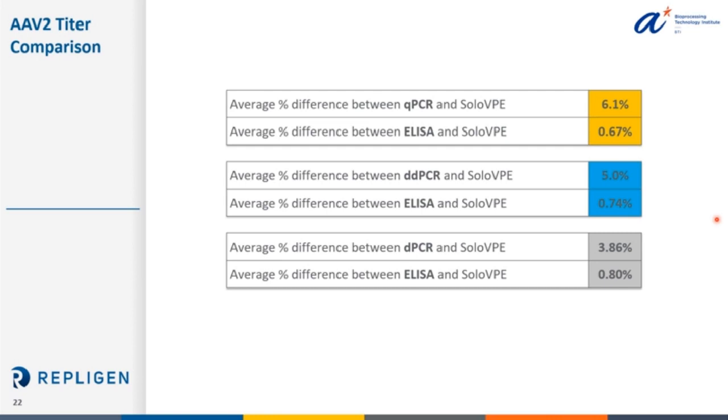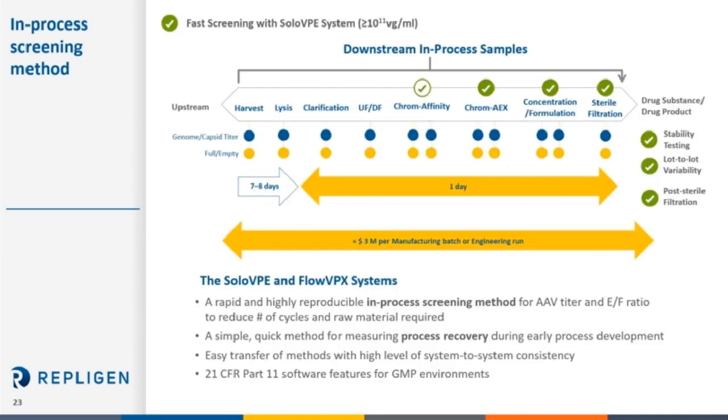We also tested this method versus TEM and got similar results as well in the same scope of percentages versus the expected values. In summary, we've now given you a tool for in-process screening. This method can be applied to all the areas where you see in green for a quick way to understand exactly what's in your process within 1 minute at any given time.